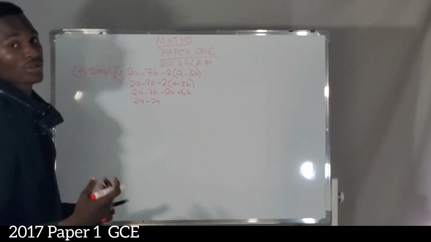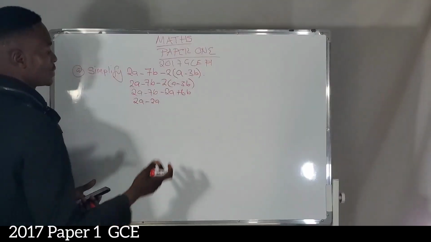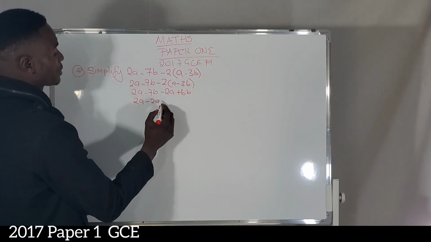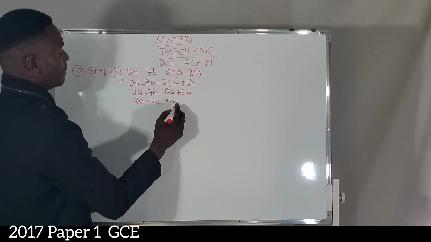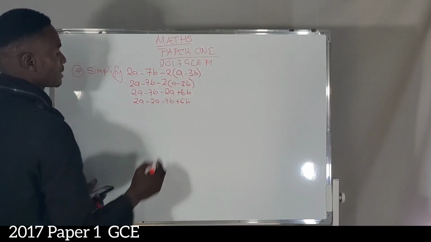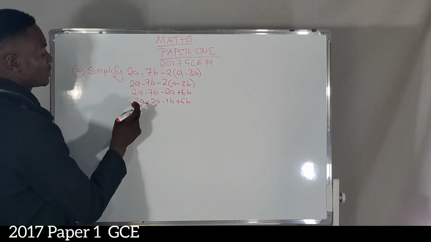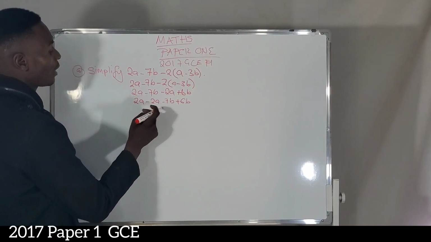Changing position when it's not crossing the equal sign, the sign doesn't change, so it comes the way it is because it's not crossing the equal sign. Then this one will be just -7b plus 6b. Then you can solve 2a minus 2a, this is just 0.